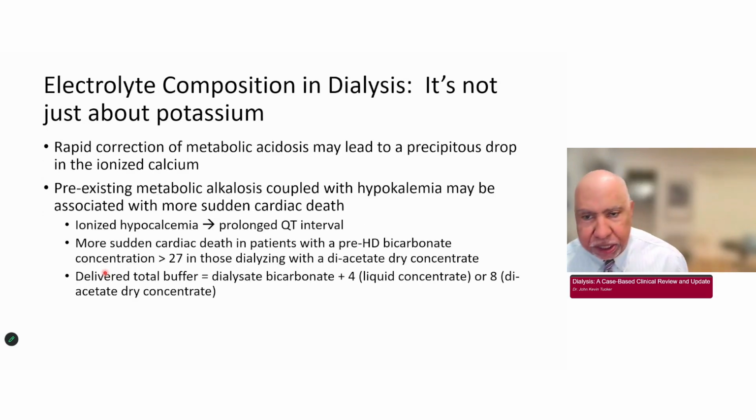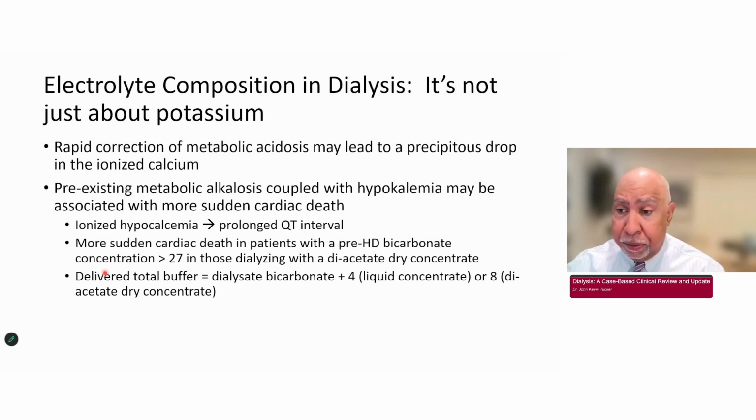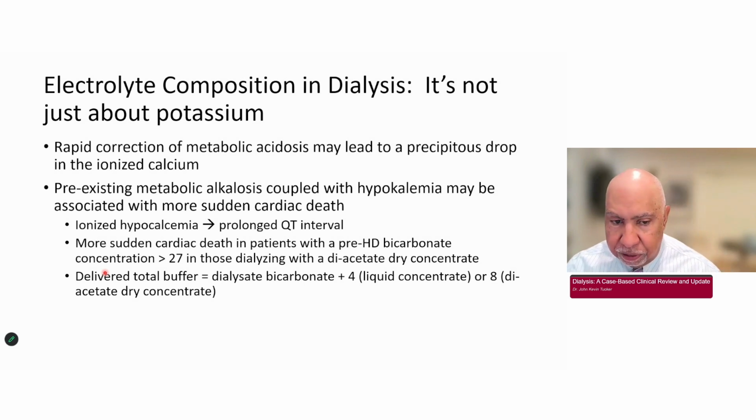Now, electrolyte composition isn't just about potassium. Remember also that rapid correction of metabolic acidosis may lead to a precipitous drop in the ionized calcium. Pre-existing metabolic alkalosis coupled with hypokalemia may be associated with more sudden cardiac death. We know that ionized hypocalcemia leads to prolongation of the QT interval.